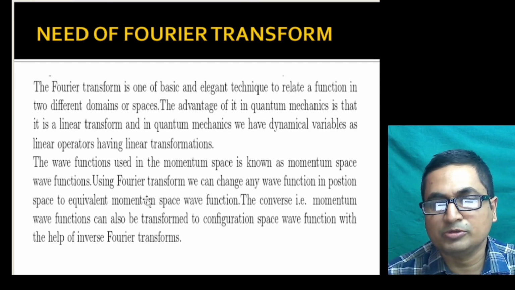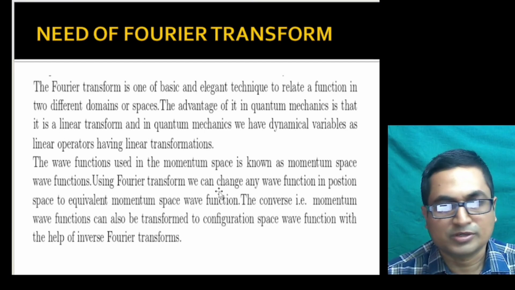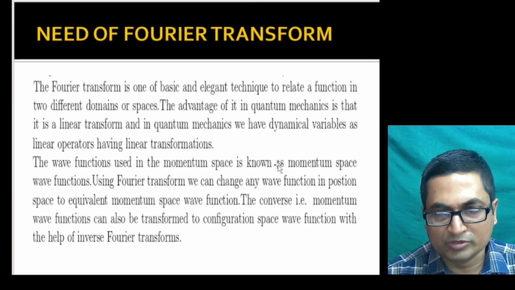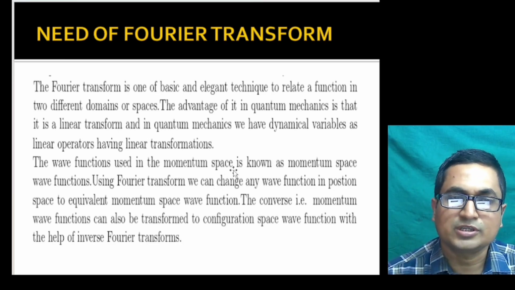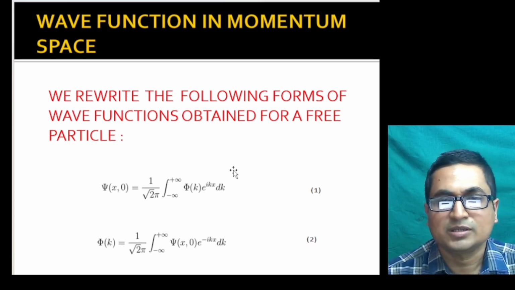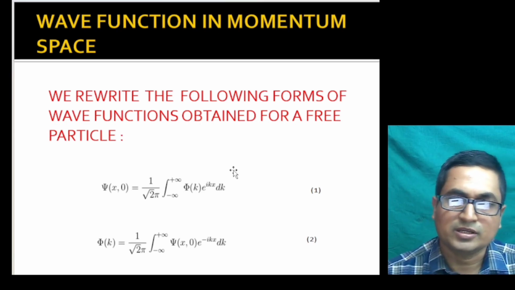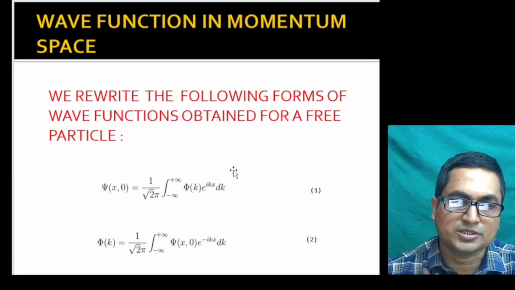And once we use a Fourier transform in transforming the wave function from position to momentum, the inverse way is known as the inverse Fourier transform. So with some typical problems we can gain knowledge about all these things.